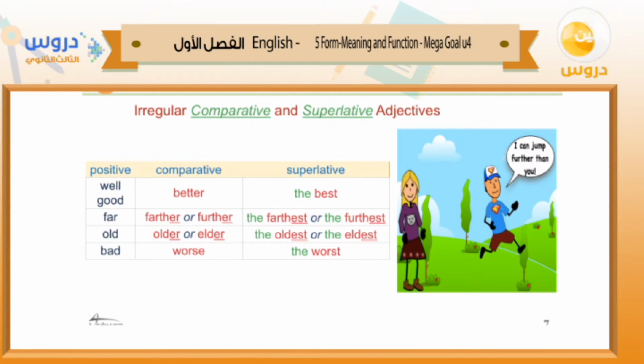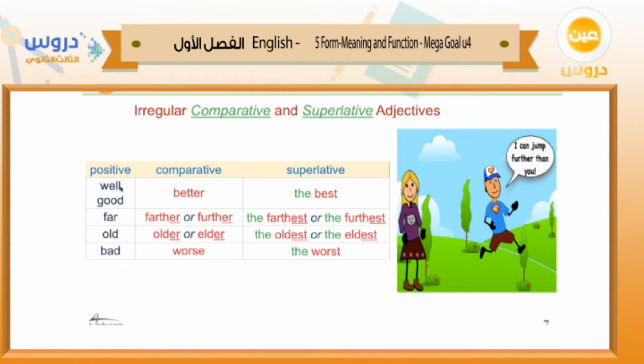What about irregular comparative and superlative adjectives? As you saw in the previous slide, we talked about good, which is better and best. These are irregular. Here we have the positive, for example, well, good. The comparative is better, and here the best.